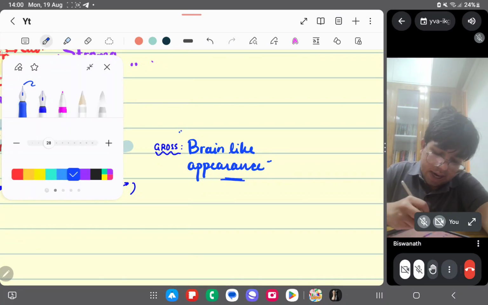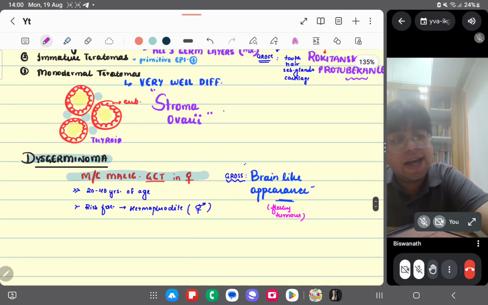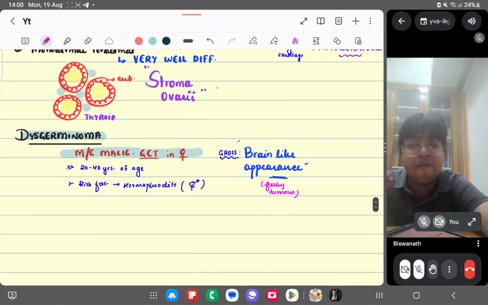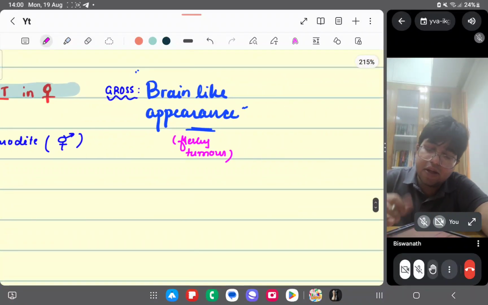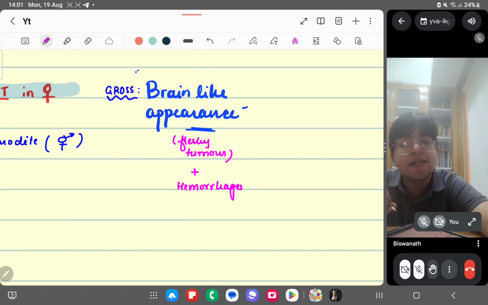It is a fleshy tumor having a brain-like appearance. And it can have hemorrhages as well. It has syncytiotrophoblastic differentiation, so it may be associated with hemorrhages, right?